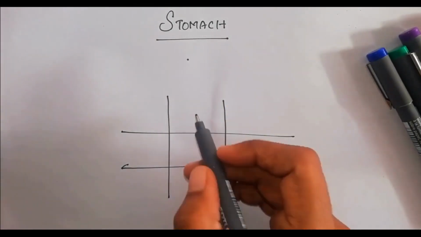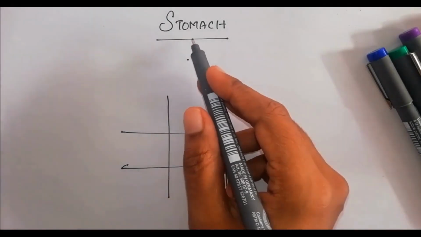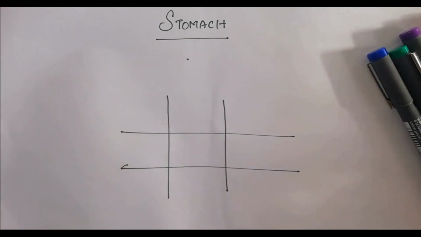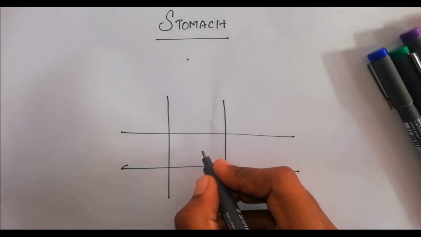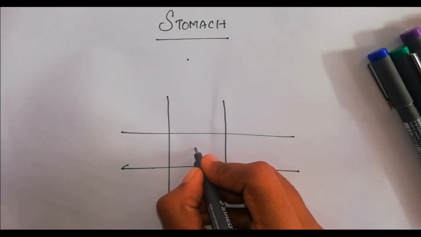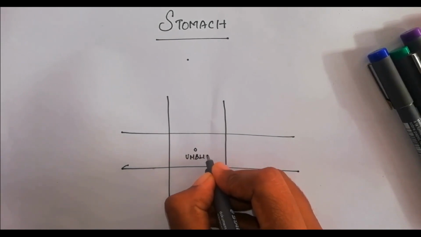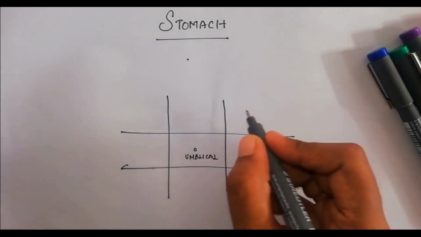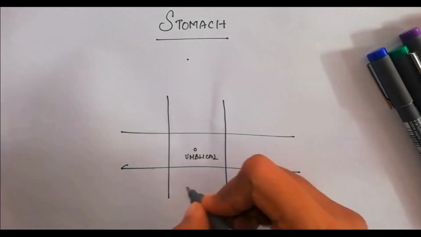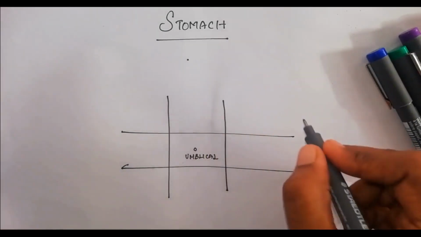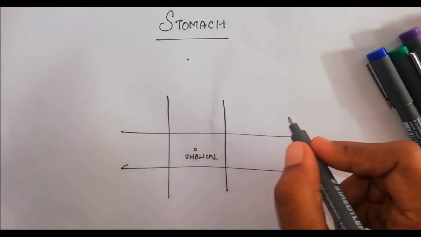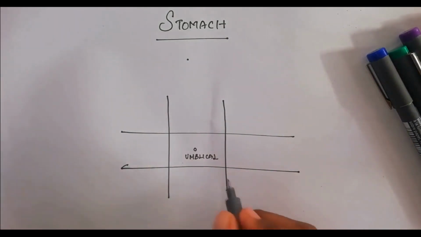Now we are going to deal with the stomach region. The stomach region is present in the umbilical region. This is the umbilical region where the umbilicus will be seen. Every organ has its own region to occupy. So we are dividing the abdomen proper into 9 regions by means of 2 vertical and 2 horizontal lines.